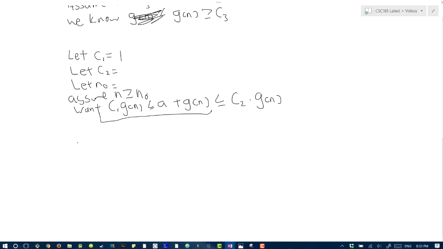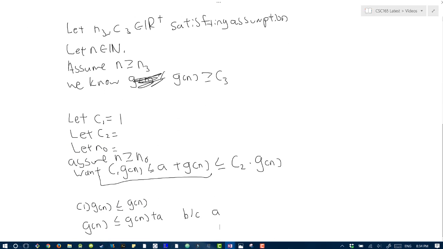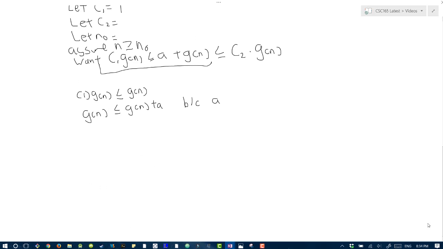Okay, then we have C1, which is 1, times g(n), and then we have g(n). And we know that this is true. We also know that if we were to add a on this side, this is also true because, what variable was a? Yeah, a is a real number that's larger than or equal to 0.